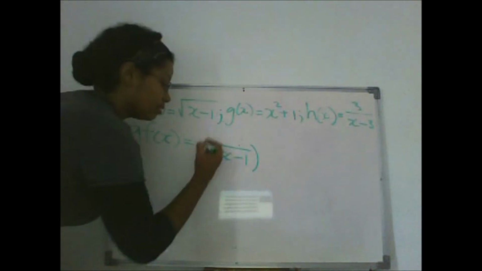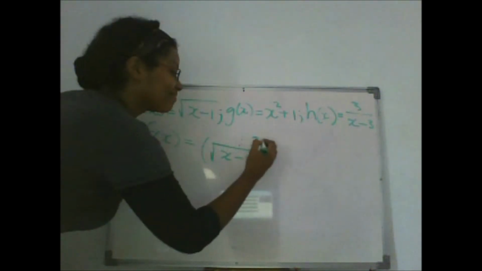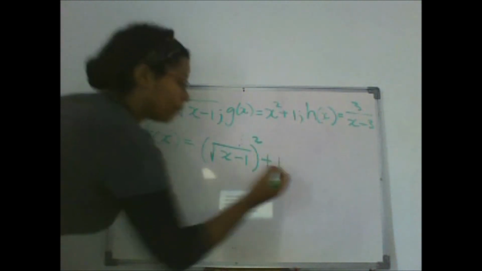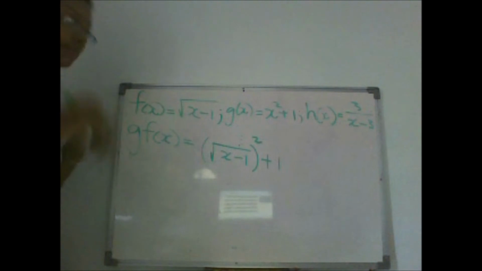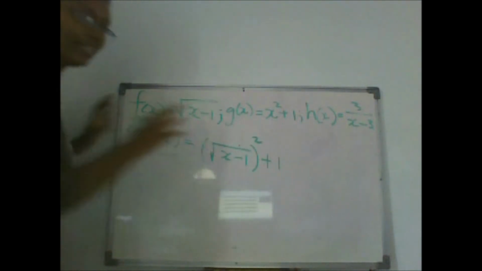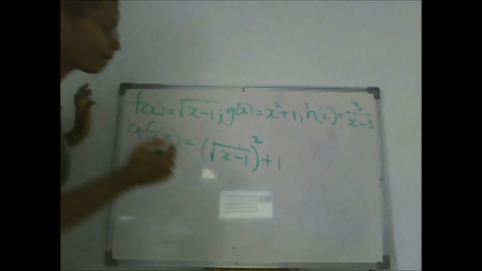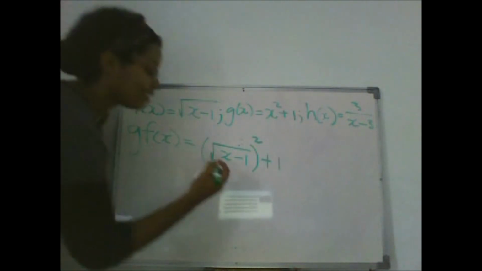Now, since in g of x the x was squared, we have to put it back, plus 1. And we all know that square roots and squares are enemies, so when you square a square root, it cancels through magic. I'm joking, it's not magic, just wonderful math.